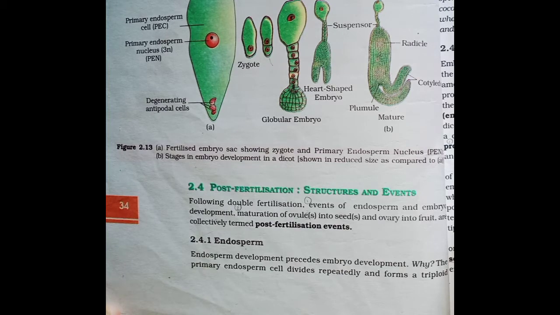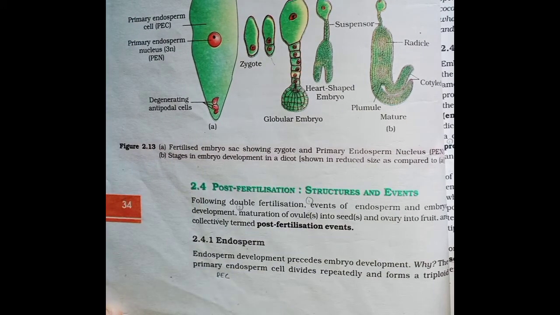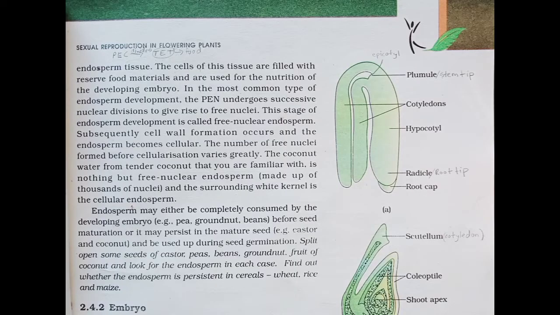Endosperm development precedes embryo development. Why? It is because the primary endosperm cell, PEC, divides repeatedly and forms a triploid endosperm tissue.